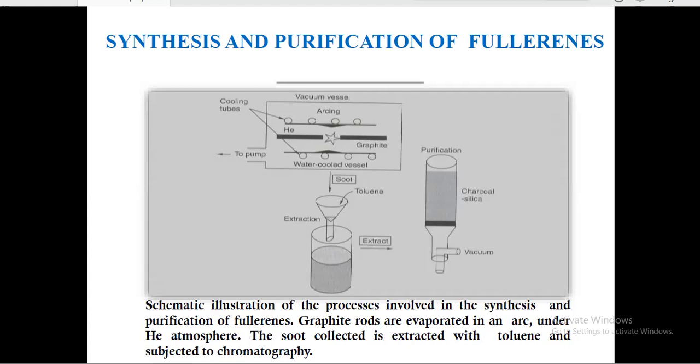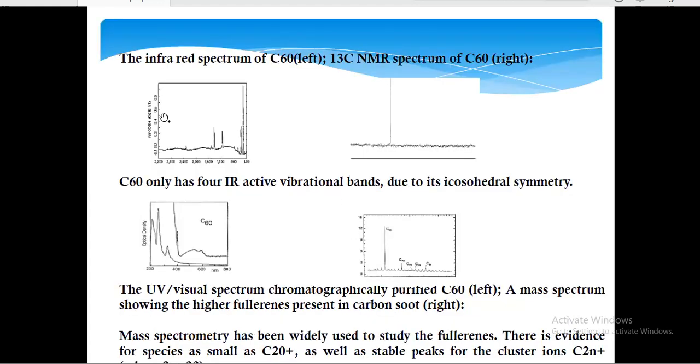So this is basically the collection of these fullerenes. You can see inside there will be a red colored substance. These are the various spectrums. The infrared spectrum you can use. Let me zoom it more.